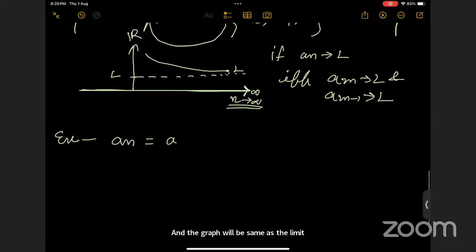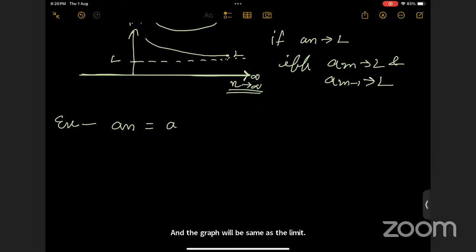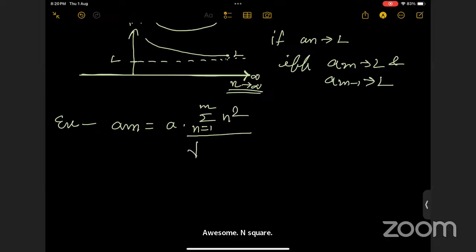So suppose we have a sequence a_n equals the n-th root of (n^6 + 100), where a is some natural number.